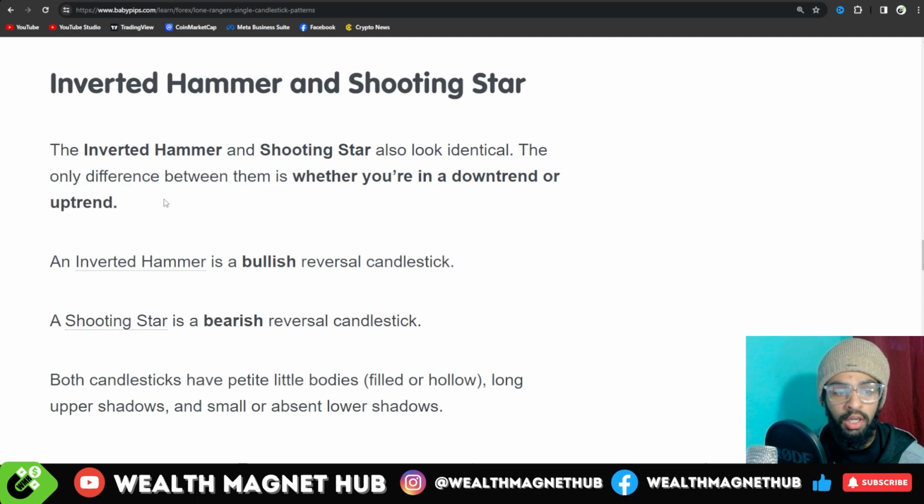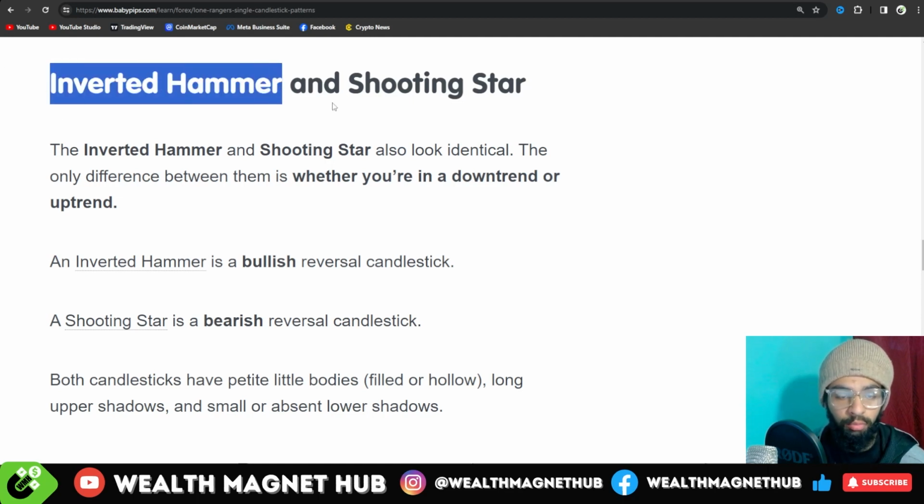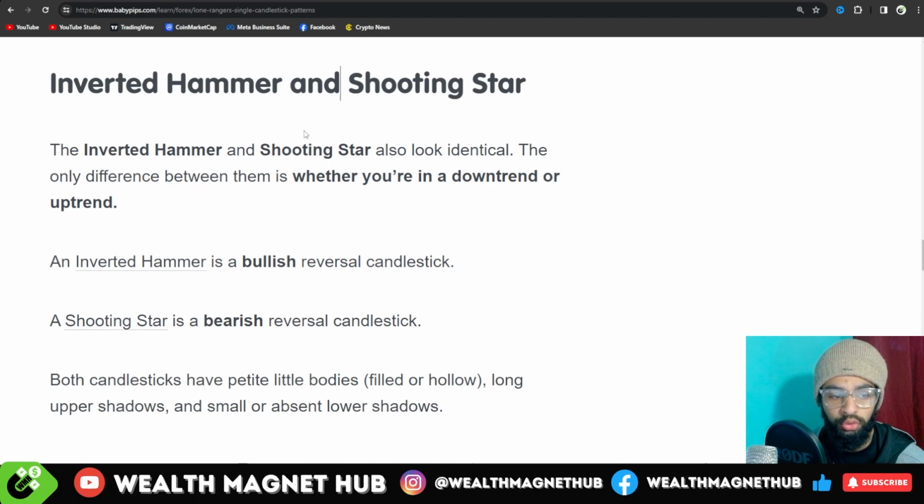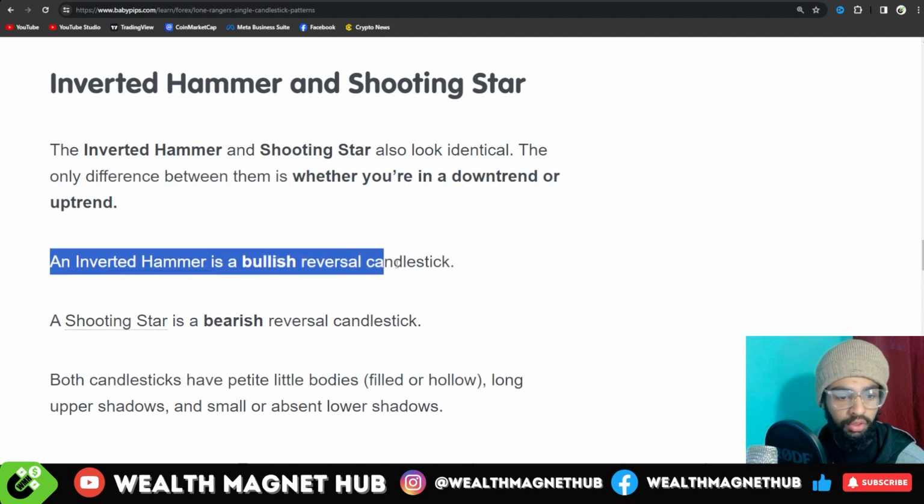So the price before the initial candlestick matters more in this case, and that's what will determine if our candlestick is an inverted hammer or a shooting star. An inverted hammer is a bullish reversal candlestick.